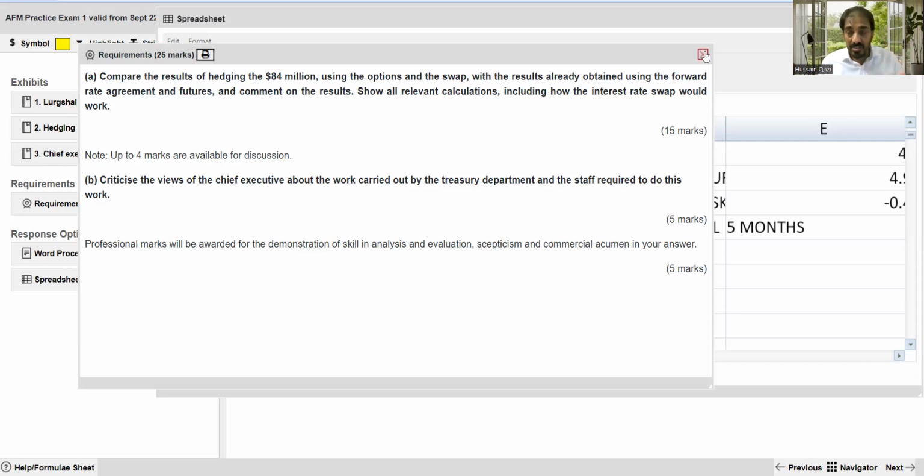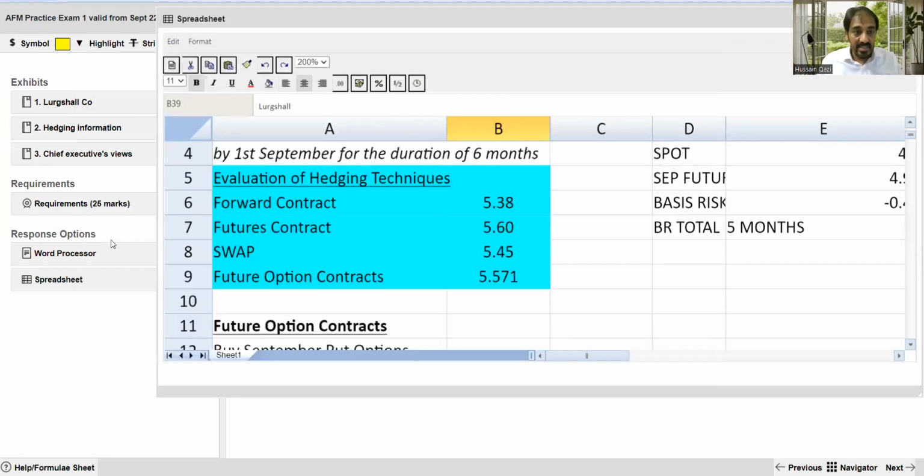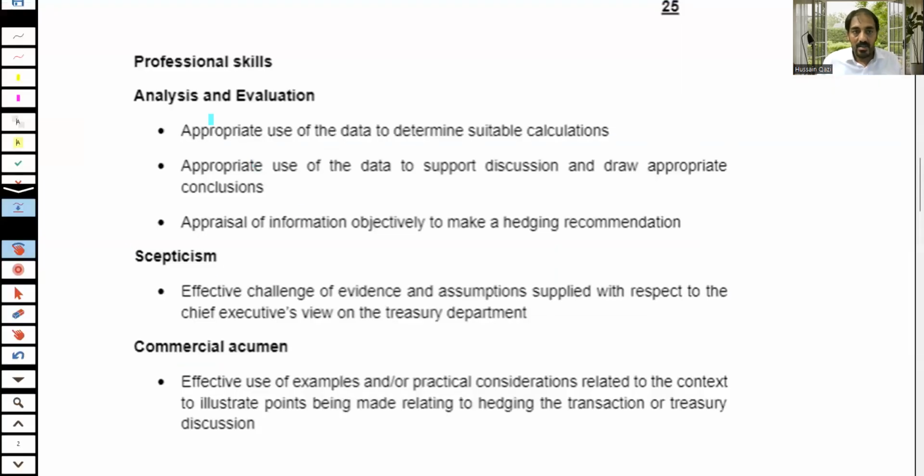And for this calculation, some of the professional marks you will be able to get automatically. Here, professional skill marks with analysis and evaluation. The point mentioned: appropriate use of data to determine suitable calculations.